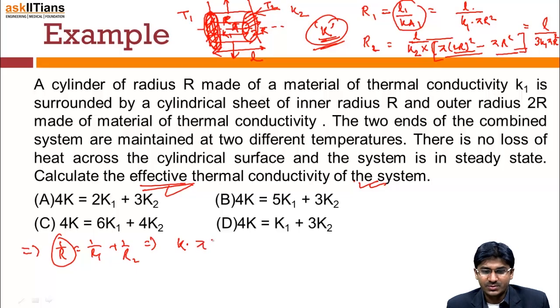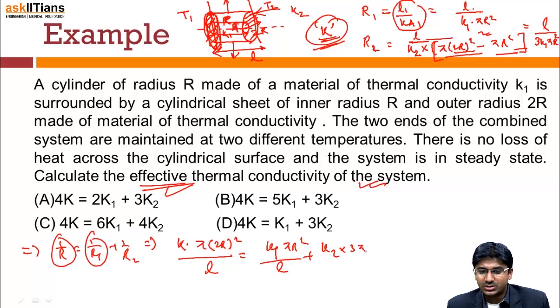The area of the whole system is pi into (2r) whole square by L, equal to 1 by R1. You put this value here, what you have is K1 pi r square by L plus K2 into 3 pi r square by L.